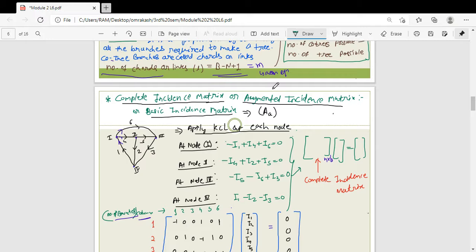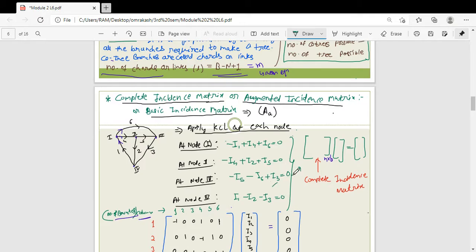Now first of all, see this. For this graph, when I apply KCL at each node, for the first node I get this equation. For KCL we are mainly dealing with current, so according to the direction, write this equation. When you write it at every node you get some equations here, right?